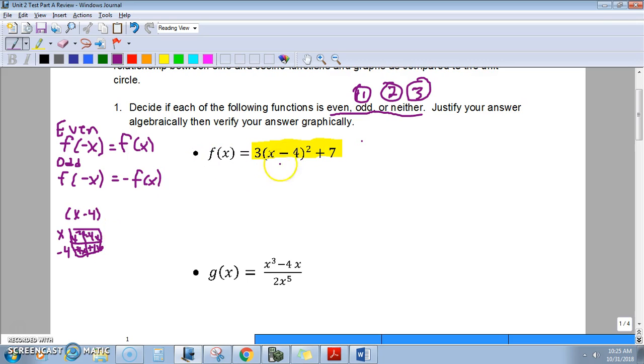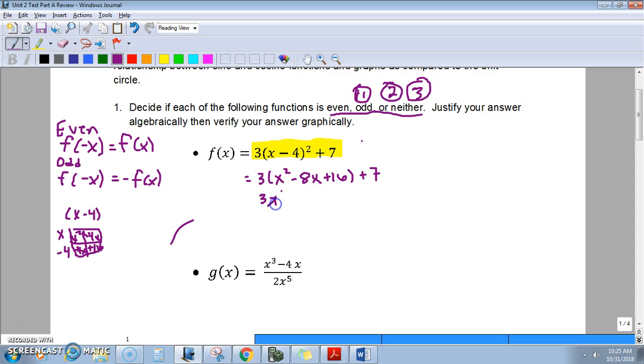So now what do we have? f of x equals 3 times x squared minus 8x plus 16, and then we still have that plus 7 on the outside. Then we can multiply it by 3.